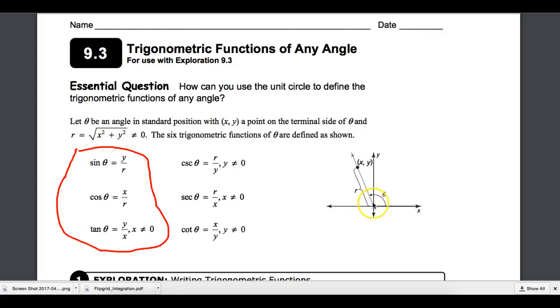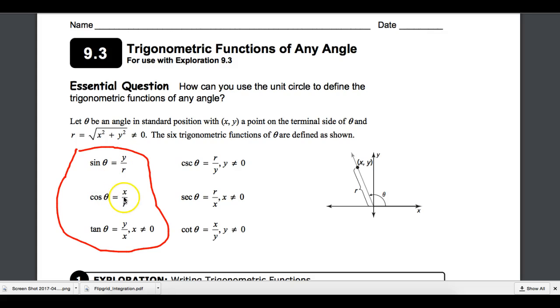Okay, so our distance from the origin to a point is just the square root of x squared plus y squared. And here are our rules. Here are our 3 trig functions. So we know that the sine of our angle is going to be our y coordinate divided by the length of r.